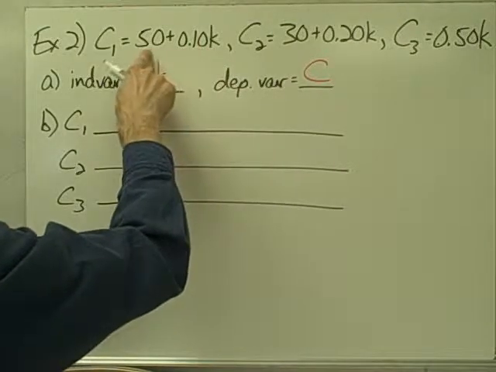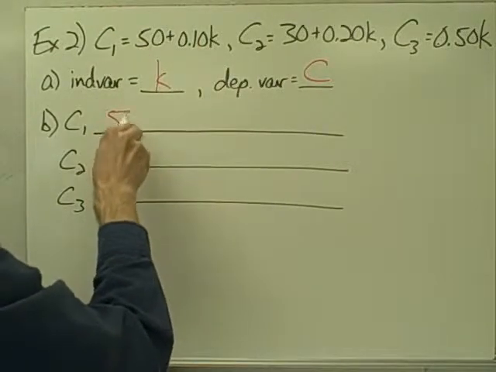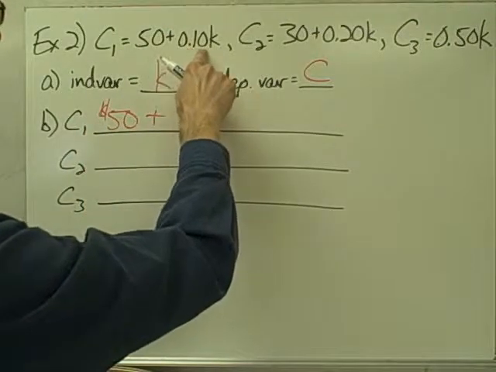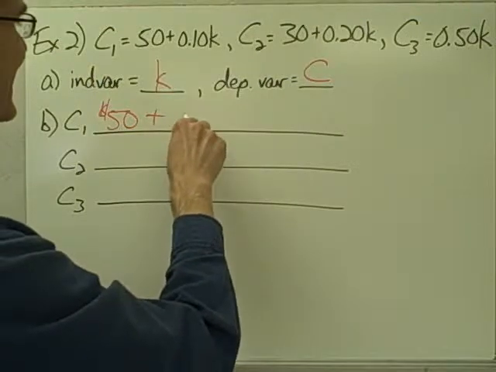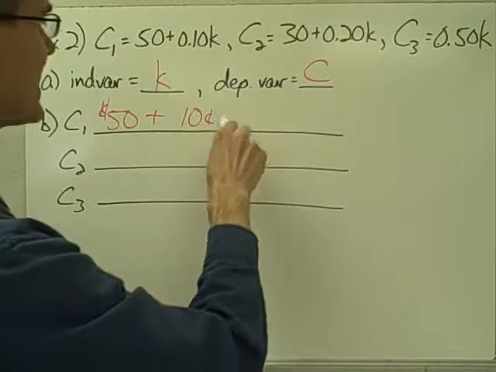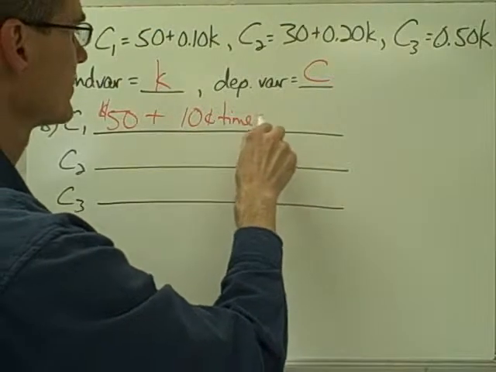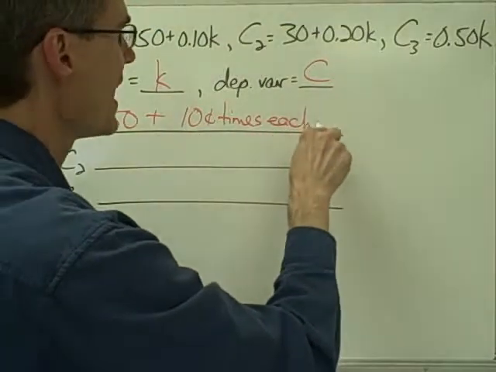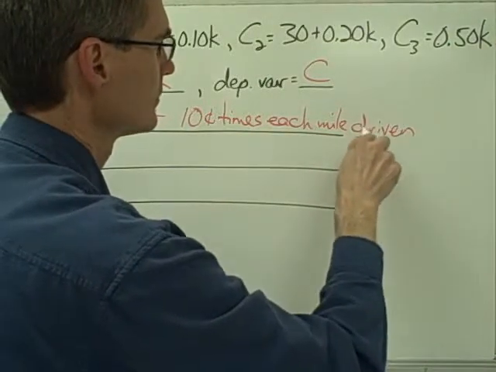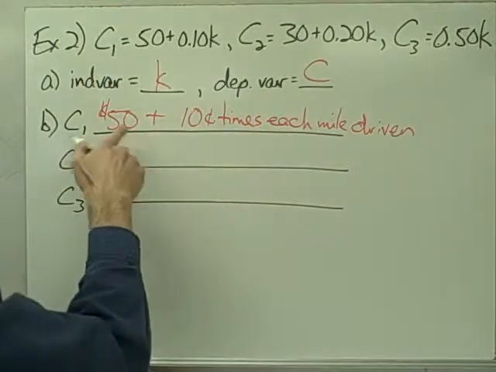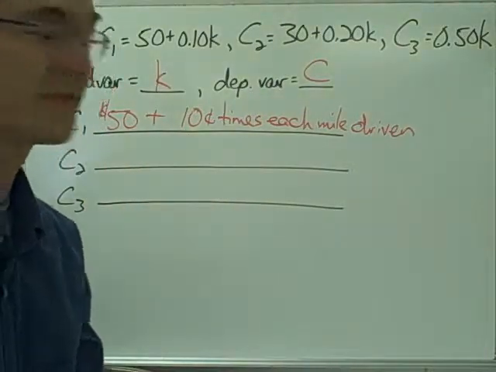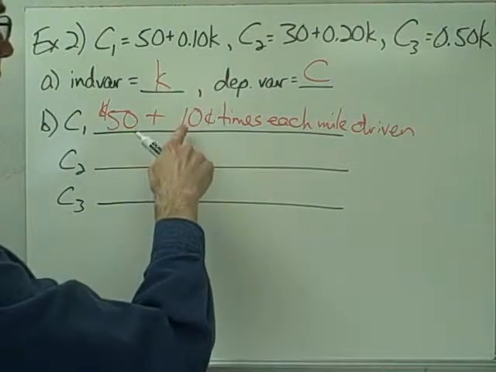So in other words, it costs $50 plus 10 cents, or $0.10, times each mile driven. So I have a $50, if you want to think of this as kind of the initial cost or an initial fee for renting the car, and then 10 cents per mile.